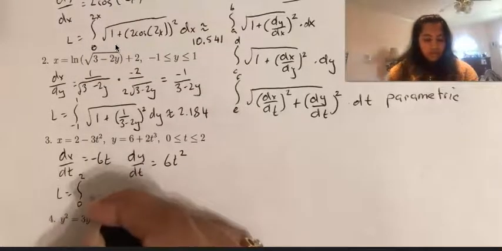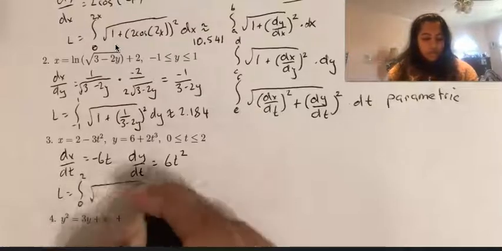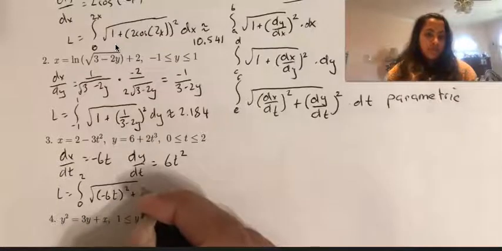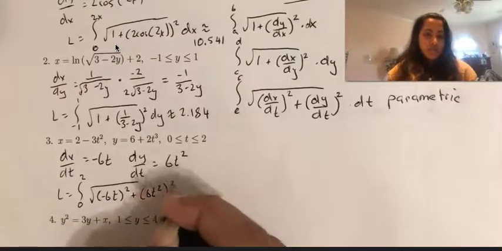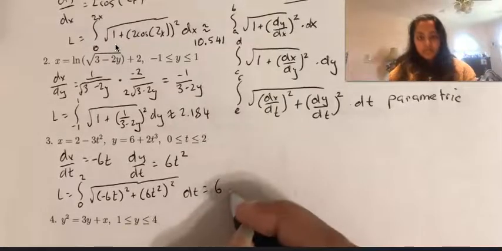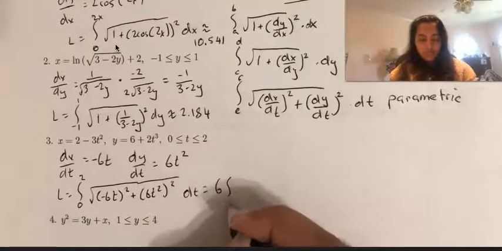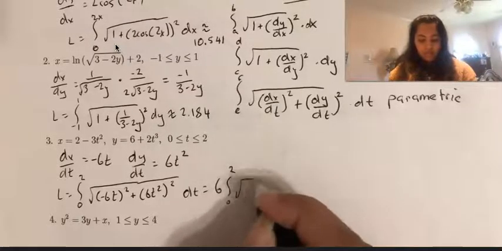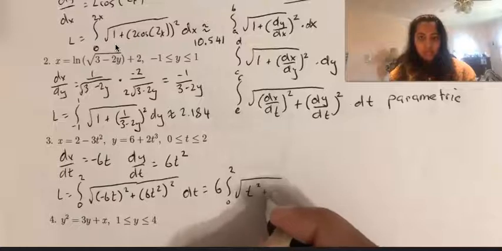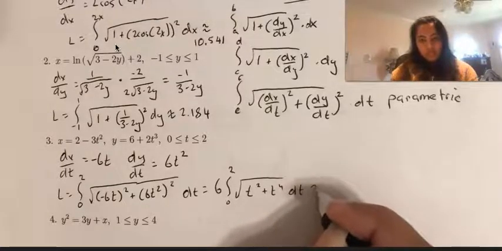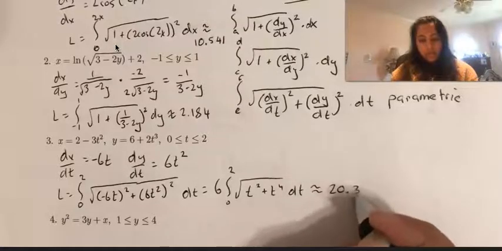And for the integral, you can technically just leave it the way I have it at first, but for the second version, I just took the 6 out. So that equals around 20.361.